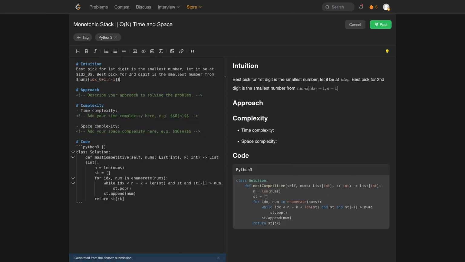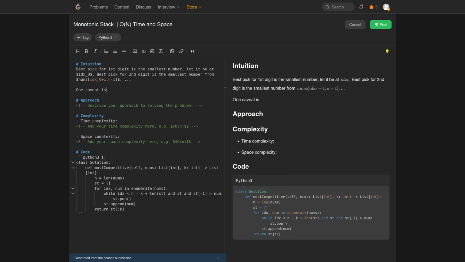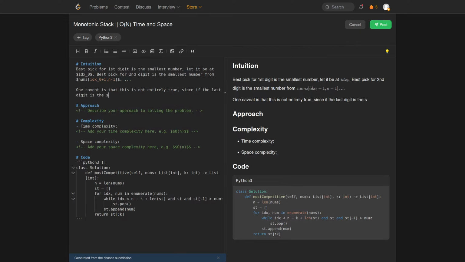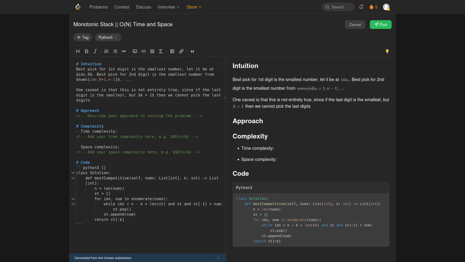Okay, and then one caveat is that this is not entirely true, since if the last digit is the smallest but k is over 1, then we cannot pick the last digit as the first digit.